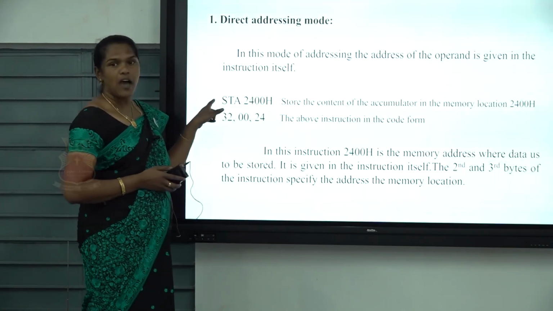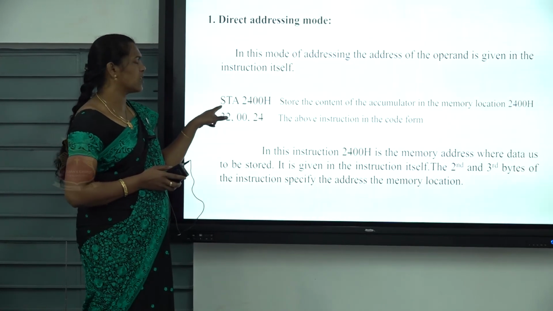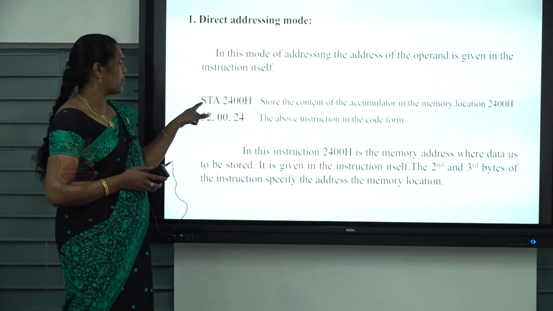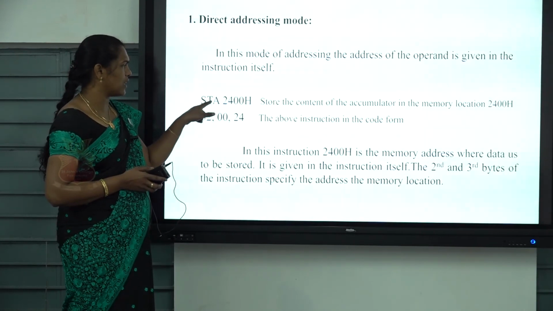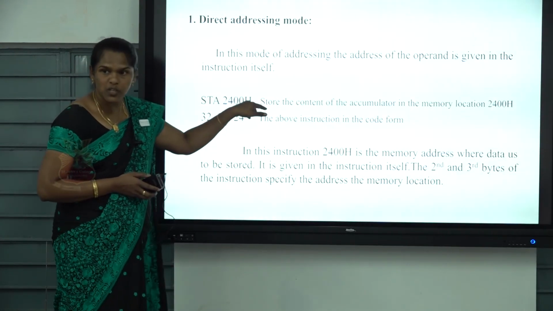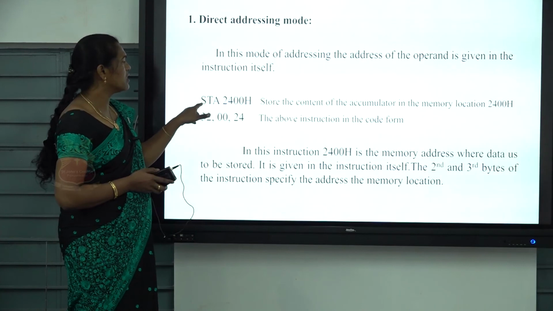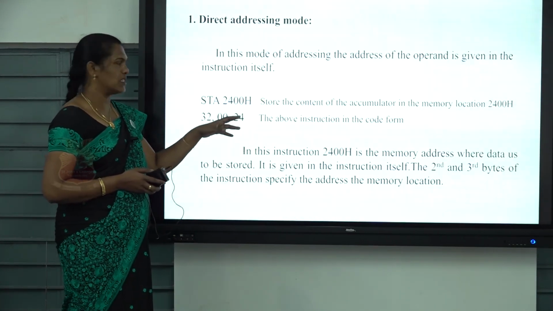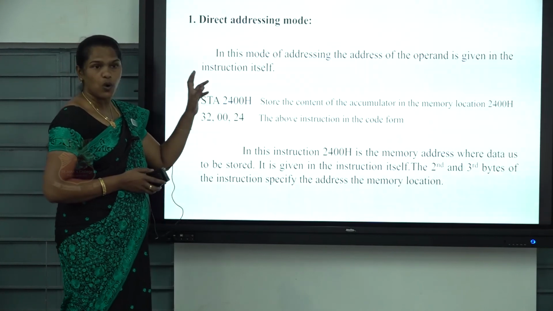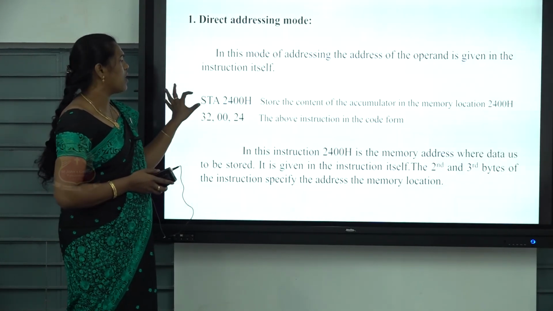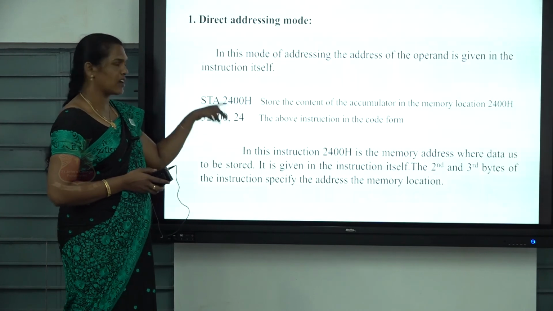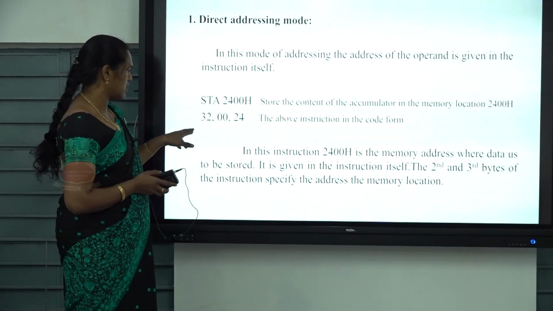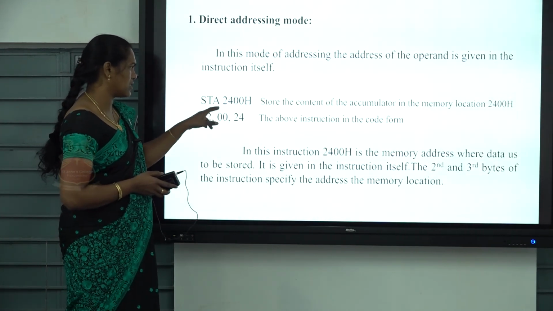That is, after the execution of a logical or arithmetic operation, the result in the accumulator is stored into the memory location. So this is directly dealing with the accumulator and the memory location. Okay. So the accumulator result is stored directly into the memory location. Okay. This is a 3-byte instruction.